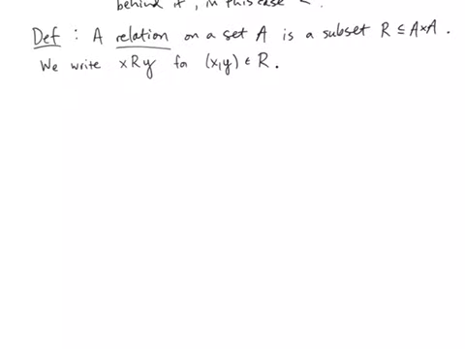Okay, so let's take a look at some more examples. And I'll just use the set that we used above, 1, 2, 3, 4. So let's look at the subset that corresponds to the relation greater than or equal to. So that's going to correspond to the subset R of A cross A, like this. So 1 is greater than or equal to 1, but it's not greater than or equal to anything else, right?